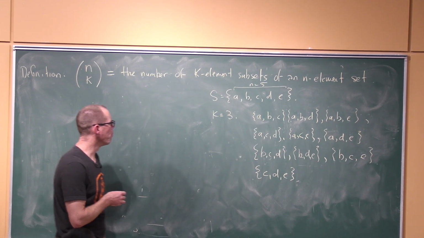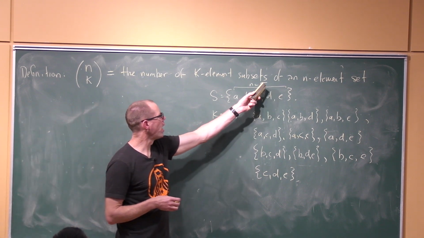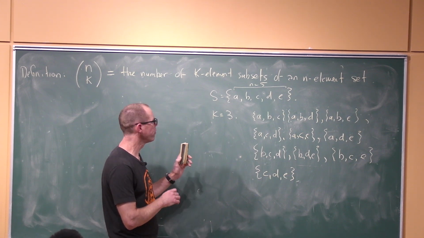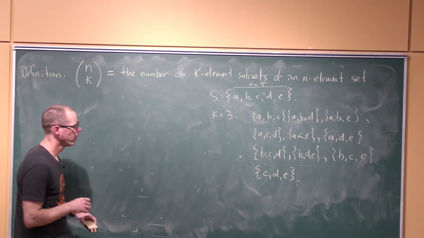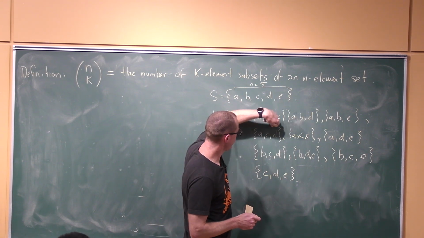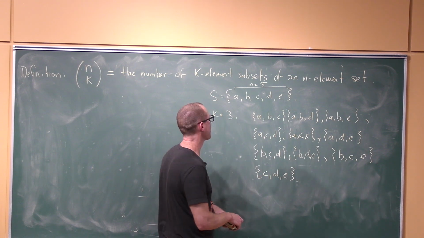And the number of them, by definition, is 5 choose 3. That's just what this thing means. And in this particular example, there are 1, 2, 3, 4, 5, 6, 7, 8, 9, 10 of them.